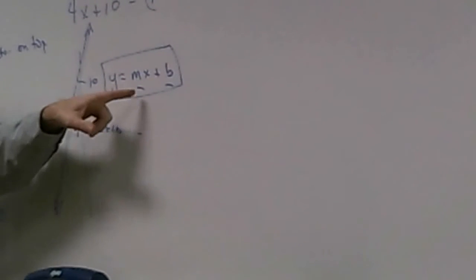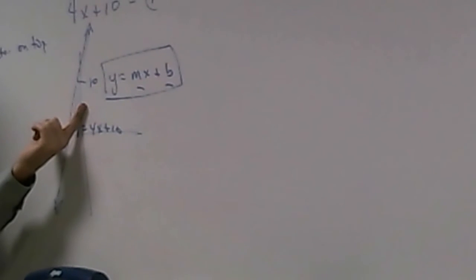The same thing. There's only one line that's right there, correct? And it has slope 4 and it has y-intercept b. Because if you change b, it's not going to go through the same point down here. It's not going to be the same line. So you change b, it does not go through 10. You change 4, it does not have that slope. m and b uniquely determine this line.